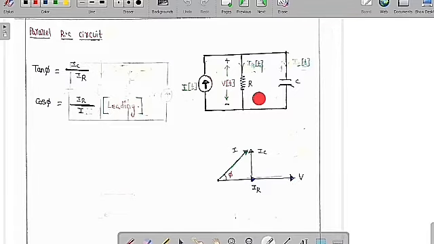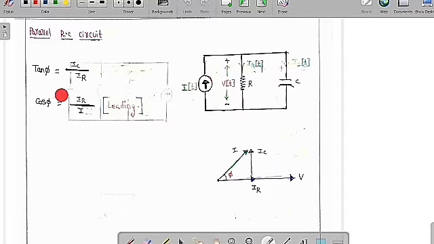In a resistor, the voltage and current are in phase, so this is IR, but in a capacitor, the current is going to lead the voltage, so this is IC. If you do the vector addition of these two vectors, we get the overall supply current I. You can see clearly the current is going to lead the supply voltage by an angle of phi. That angle we call the power factor angle.